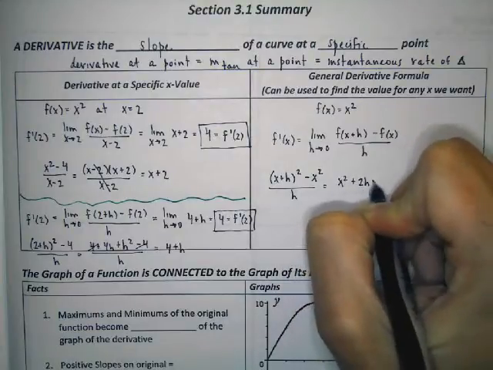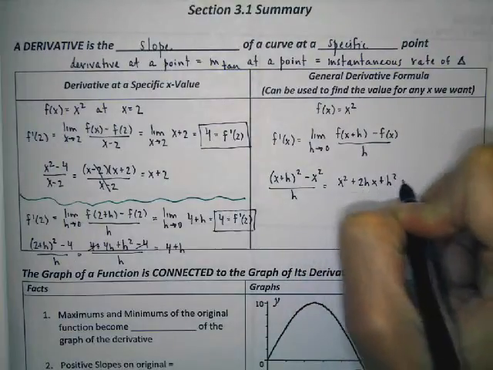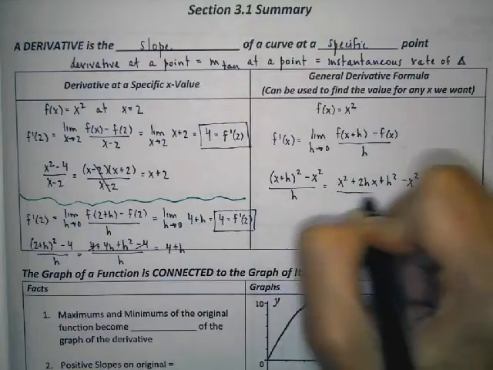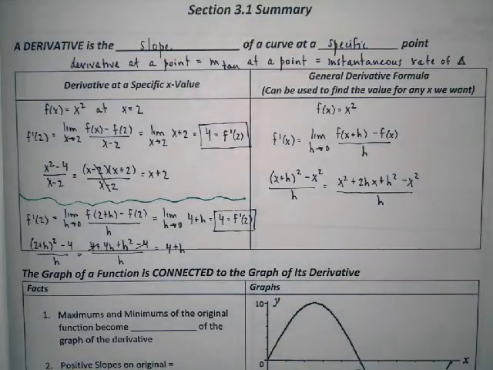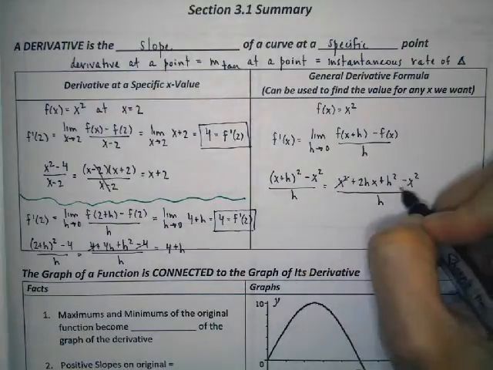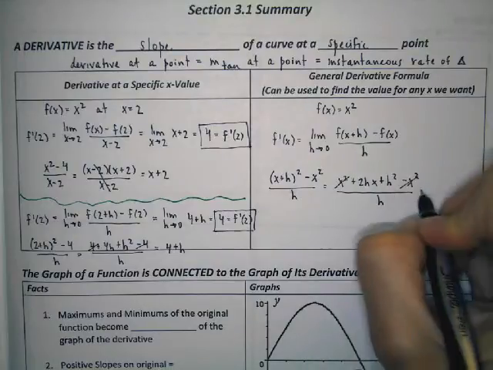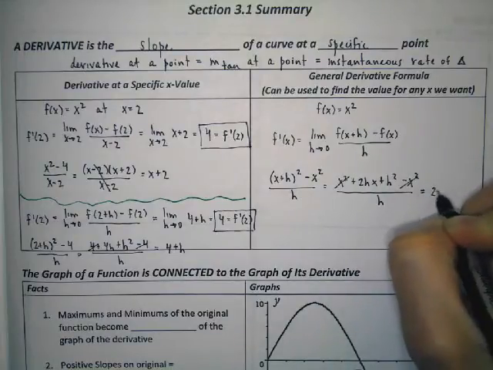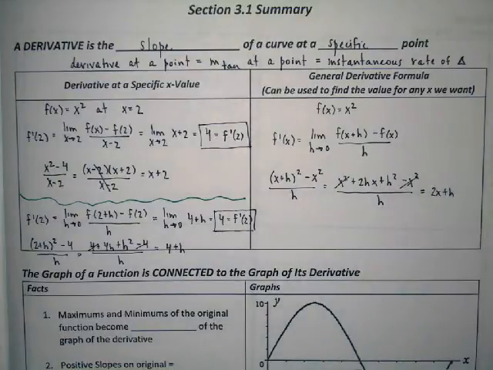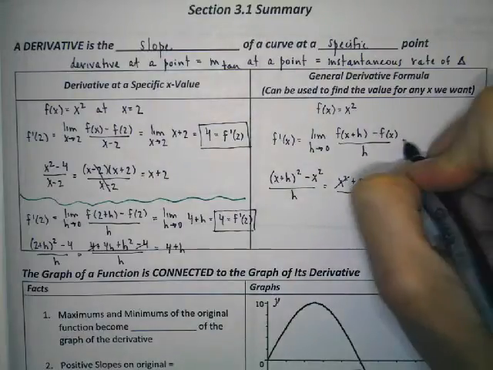x squared plus 2hx plus h squared. I subtract my x squared term, and that's all over h. And so now I can simplify by canceling my x squareds, and I can factor an h out of each of these terms. So I get 2x plus h. So now I'm going to take the limit.